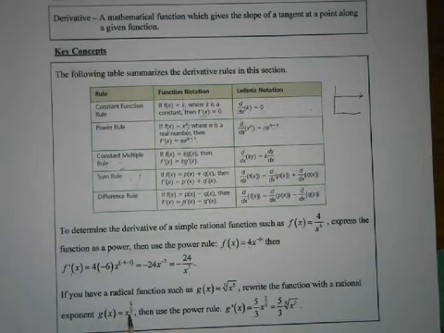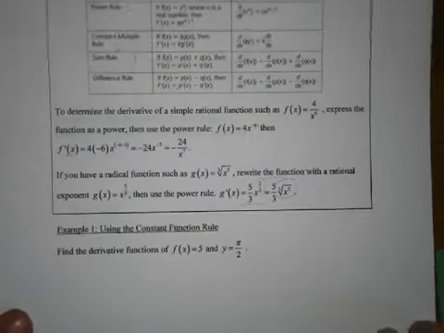Reducing 5/3 by 1 is 5/3 minus 3/3, which gives us 2/3. So that's the answer, and then we change it back to radical form. x to the 2/3 is really the same as the cube root of x squared. So we just fix that.